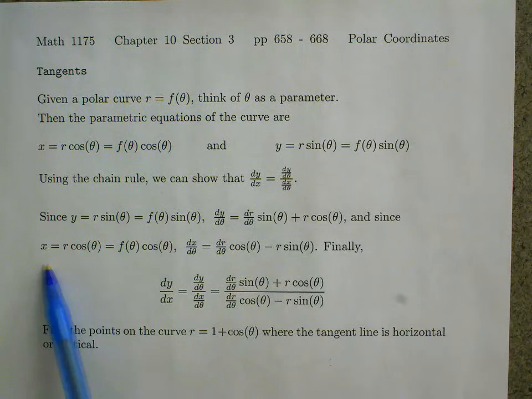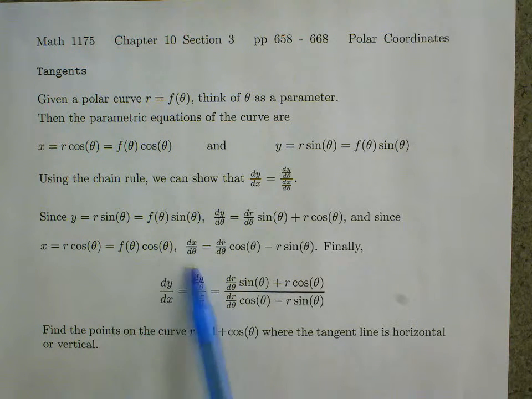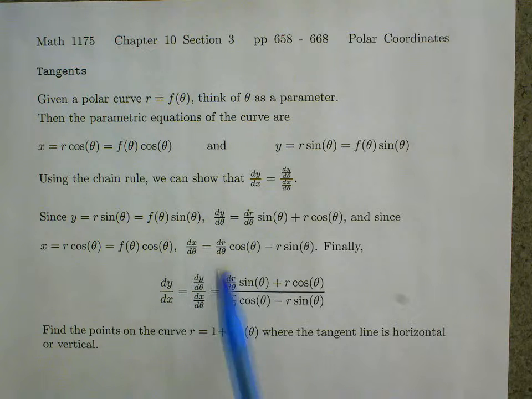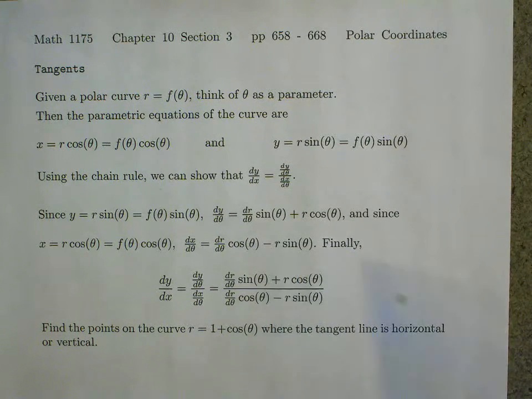And since x equals r cosine theta, dx d theta is, by the product rule, dr d theta times cosine of theta minus r times sine of theta.